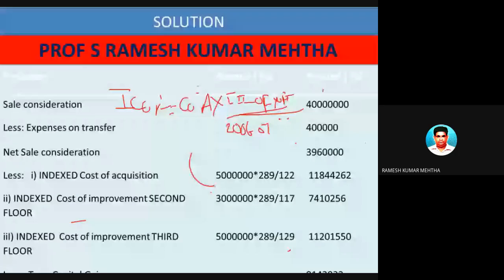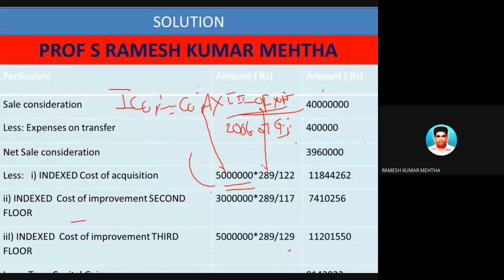So 50 lakh rupees is the cost of acquisition into the year in which this particular asset was sold, 2019-2020, and the inflation index is 289. So 50 lakh rupees into 289.